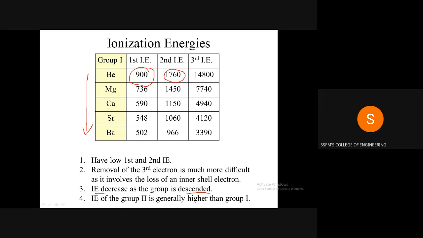Ionization energy of group 2 is generally higher than group 1.